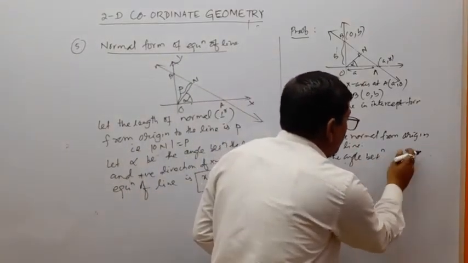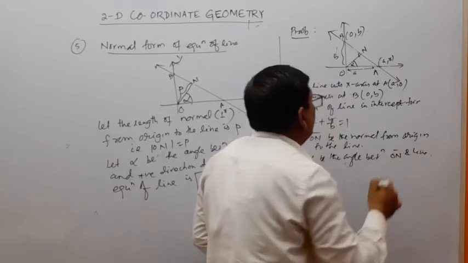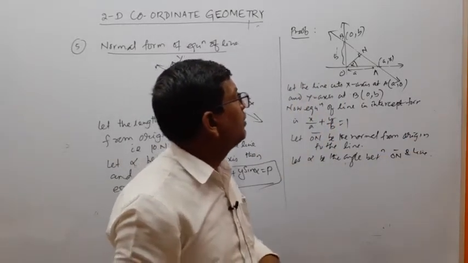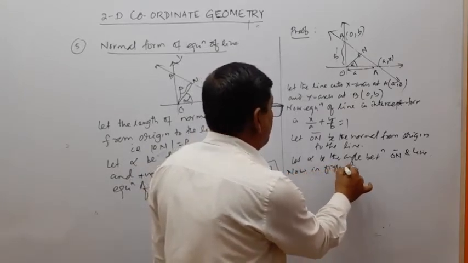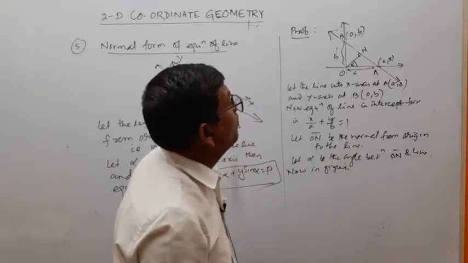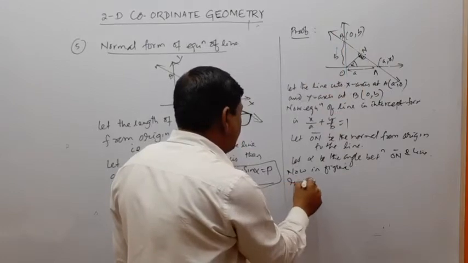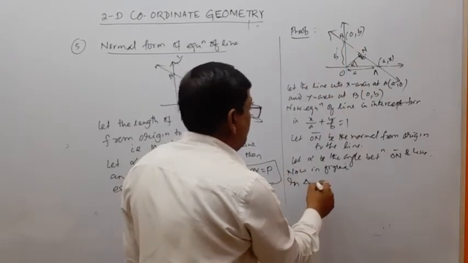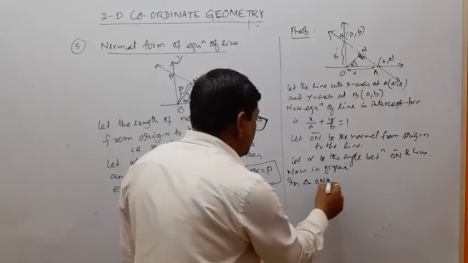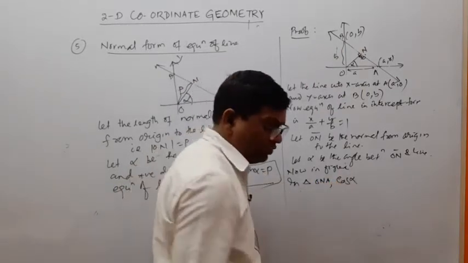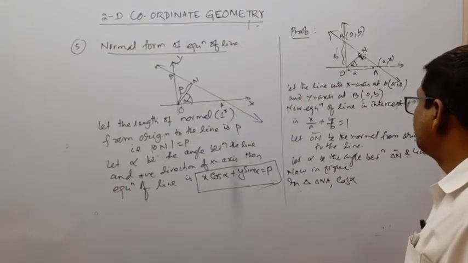This is ON. Now in the figure, this is 90 degrees. In triangle ONA, cos alpha is equal to, applying the cos theta formula, base by hypotenuse. Base means what?